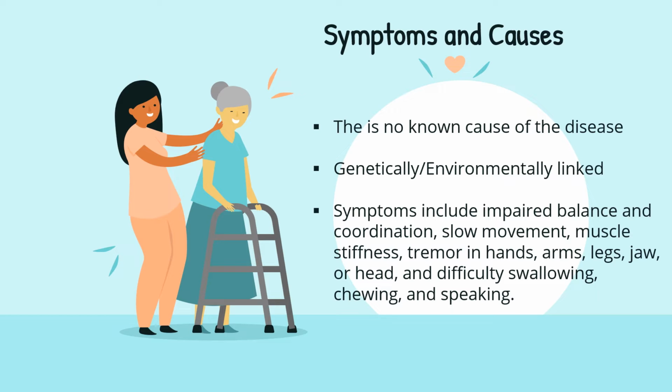They have that shuffling pattern of moving. They move very slowly, and sometimes they have stroke-like symptoms. They have drooling in their faces, and they have trouble swallowing and chewing also.